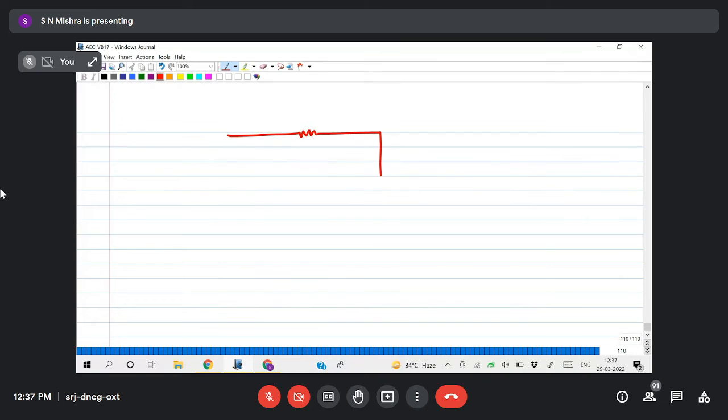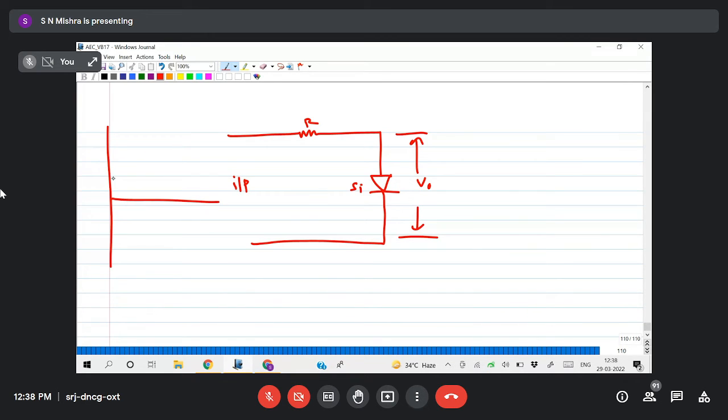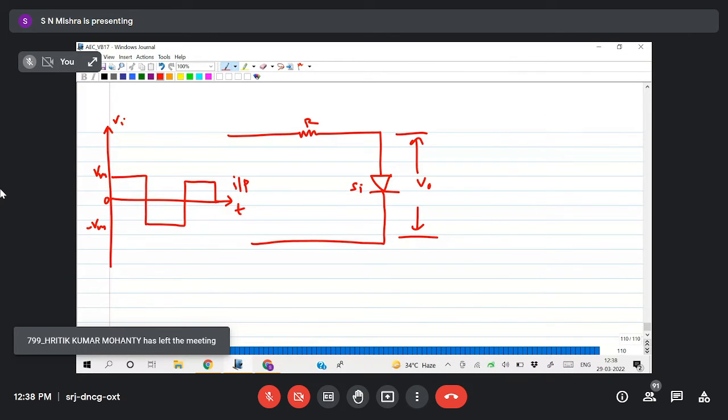Resistor, silicon diode, here output voltage, input, take Vi: 0, Vm, minus Vm.